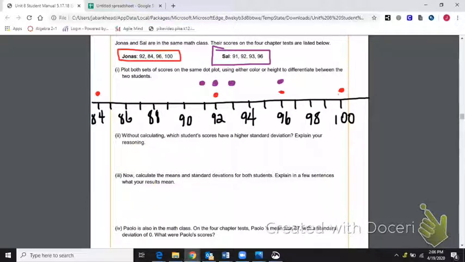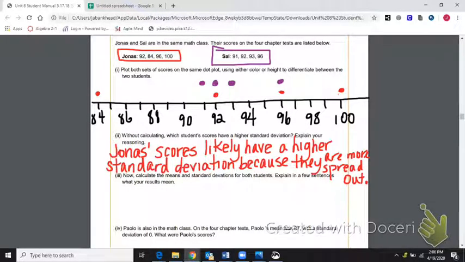Remember our standard deviation, we're looking at how far apart our data is spread. And so if we compare the two sets of data, notice that Jonas has data that is more spread out. So we would think that his data, without calculating anything, has the highest standard deviation.